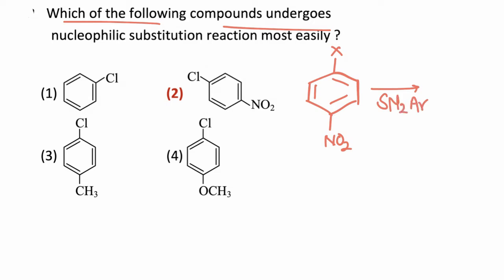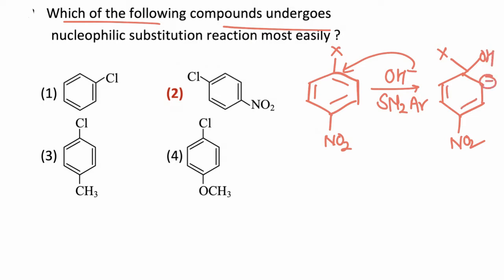During the SNAr reaction, a carbanion intermediate is formed, and this intermediate is stabilized by the electron withdrawing group, and hence the electron withdrawing group increases the rate of reaction via the SNAr mechanism.